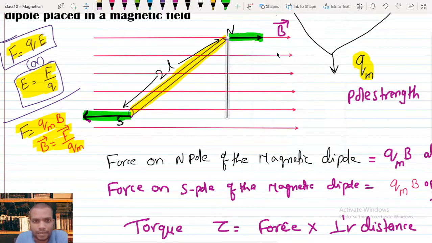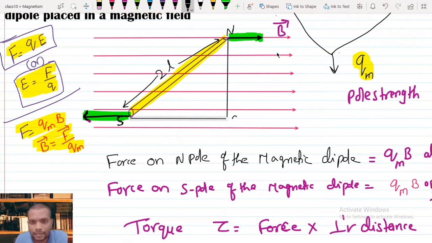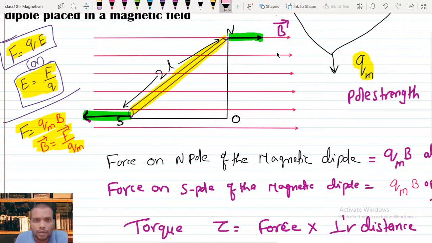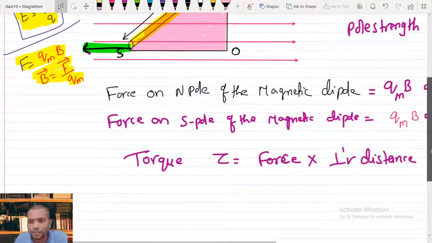Suppose I make a right triangle here, taking this O, then OSN forms a right triangle with hypotenuse 2L, and you can apply it from there.